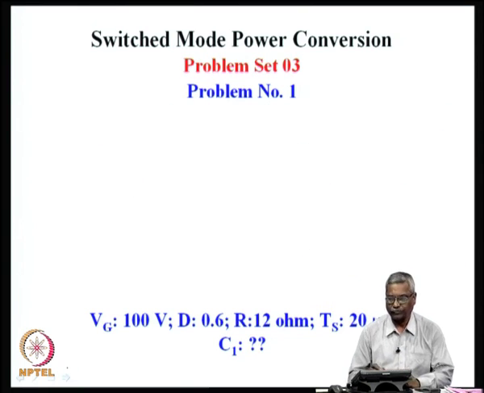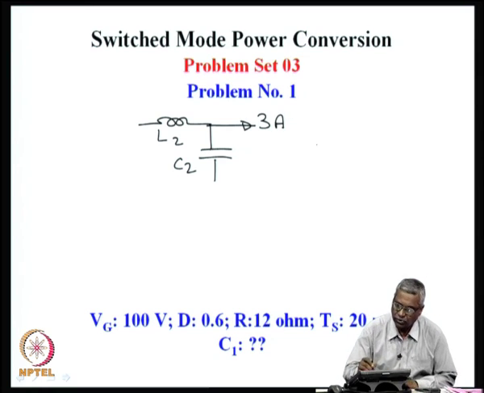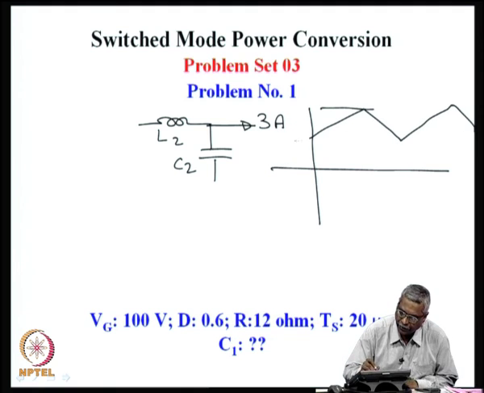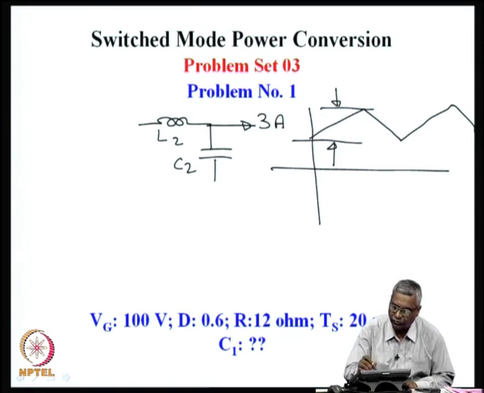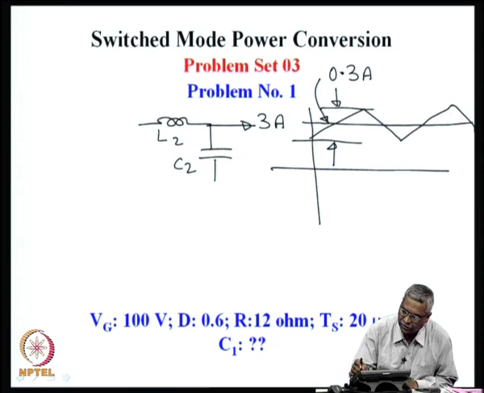circuit condition. We have the inductor L2, capacitor C2, and here we are drawing a current of 3 amperes. So, we see that the inductor current is varying between minimum and maximum, and this ripple current is 0.3 amperes and the average current is 3 amperes.